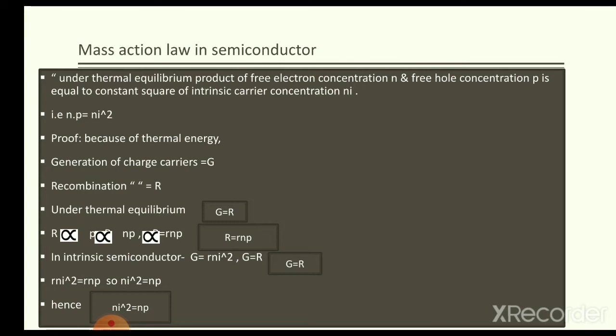If we add p-type impurity, which is trivalent, the number of holes in valence band increases and the number of electrons in conduction band decreases. Then the rate of recombination increases due to the presence of a large number of electrons and holes due to doping.